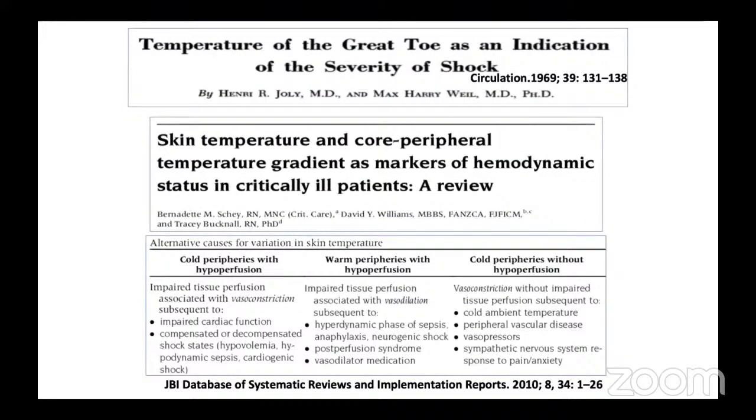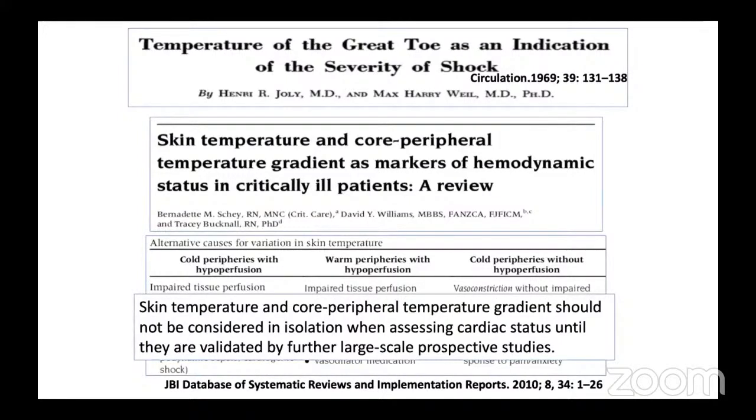Other important clinical parameters can be temperature of the great toe or skin temperature, and the core-peripheral temperature gradient, as markers of hemodynamic status. Apart from hypovolemia itself, you can have cold peripheries without hypotension, and that limitation must be kept in mind when you are assessing the patient using these parameters.